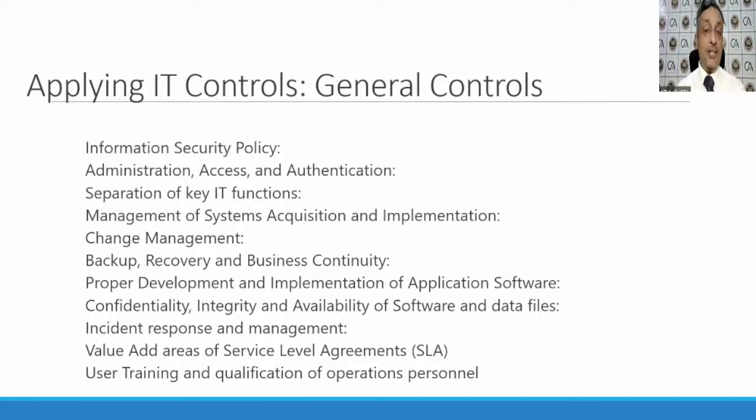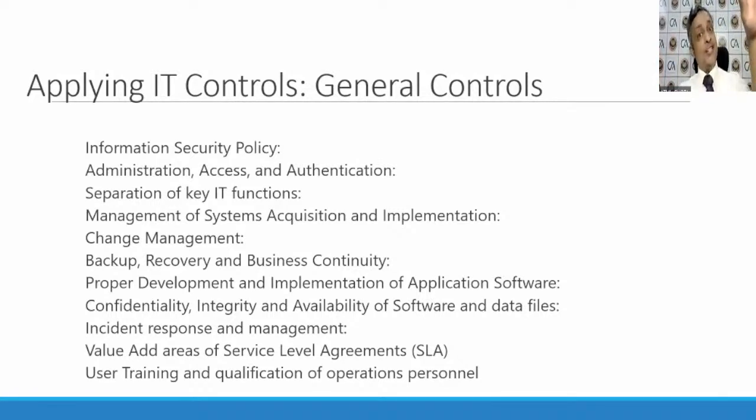Information security policy. It's a document created by top management, board of directors, senior management. It defines me as an entity, my thought process. For example, we do not want any loss through sharing of passwords.